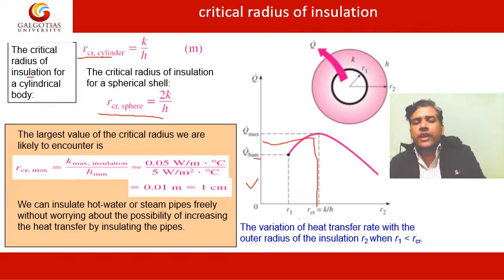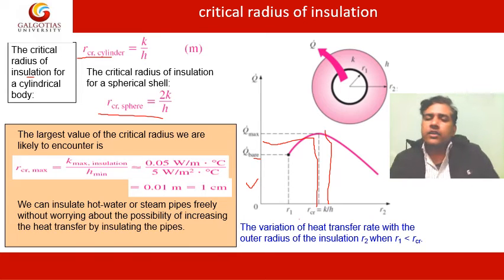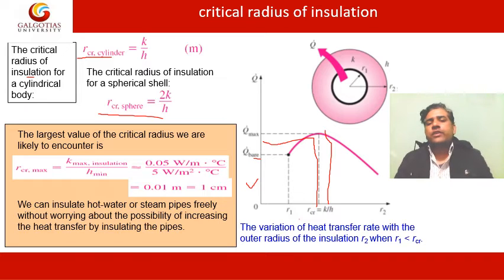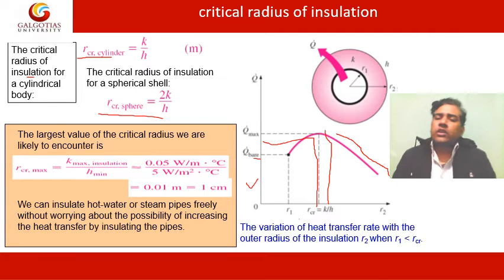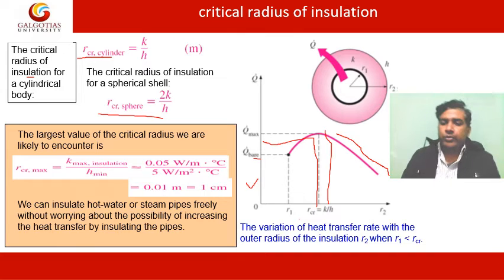But as soon as we added insulation up to the critical radius, the heat transfer rate became maximum. Beyond that, if we add one more layer of insulation, the heat transfer rate keeps on decreasing. This is how the heat transfer rate varies with the thickness of insulation.